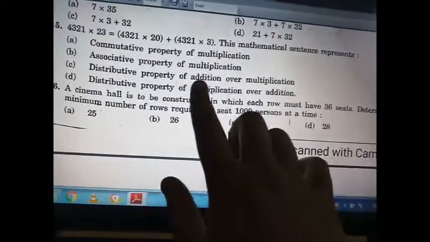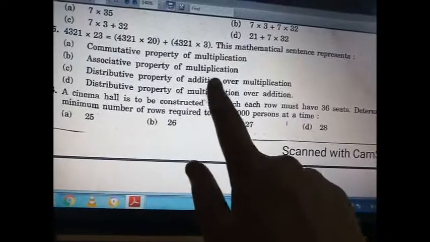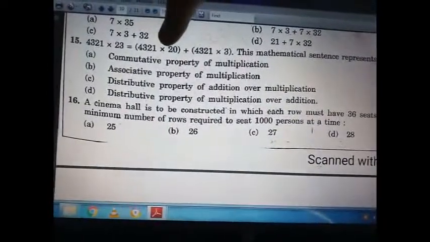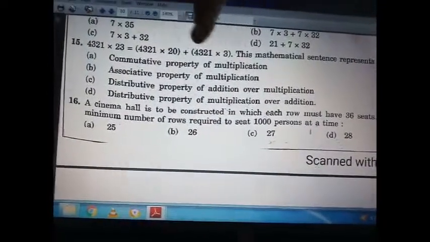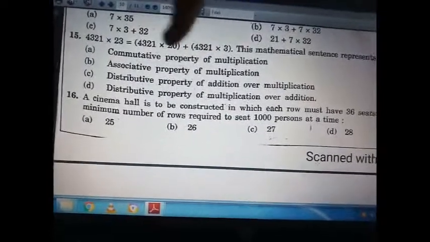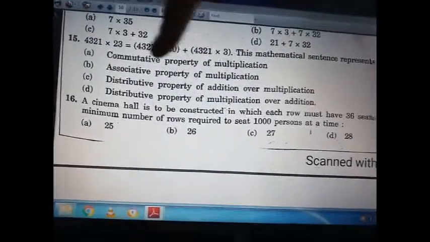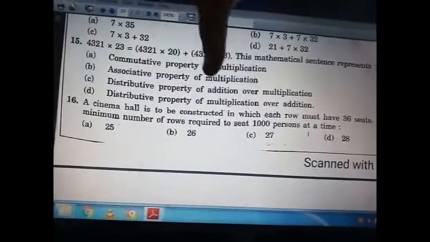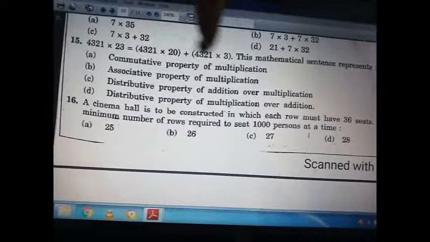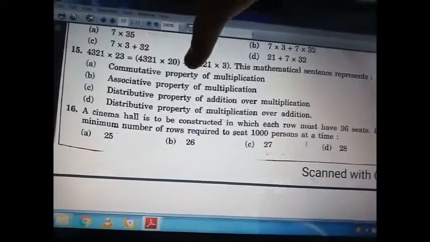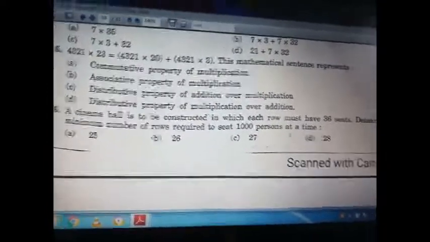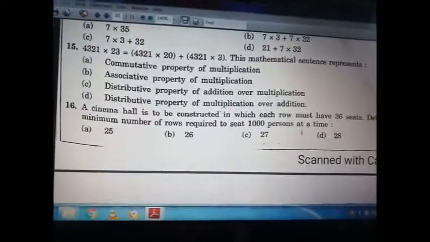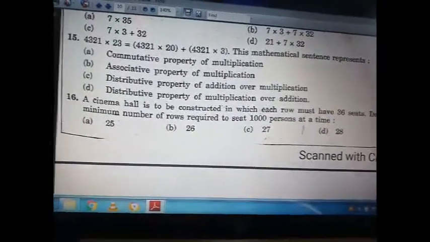If we go through option number C, that would mean there should be addition in the bracket, and multiplication is done of these two values. So option C will be the wrong answer. We will go through option number D, that means the multiplication is done, then after that we will do addition. So we will go through option number D.